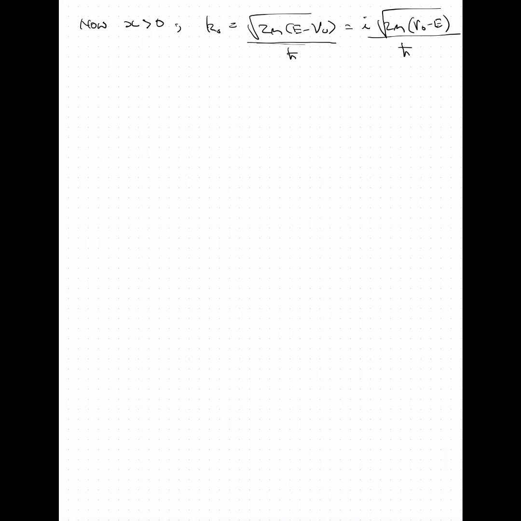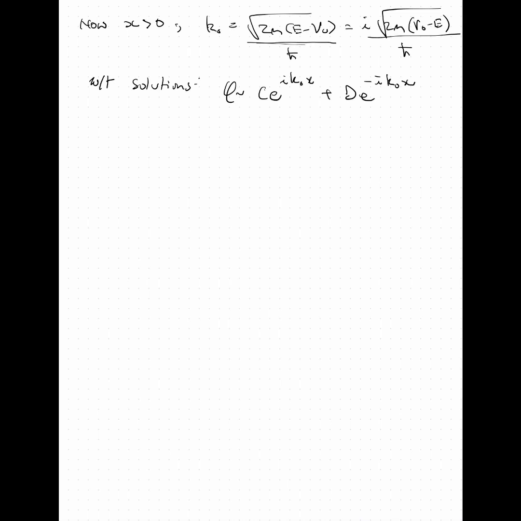And recall that this object has solutions φ equals c times e to the i k naught x plus d times e to the minus i k naught x. Okay.